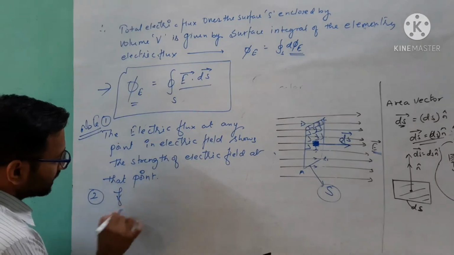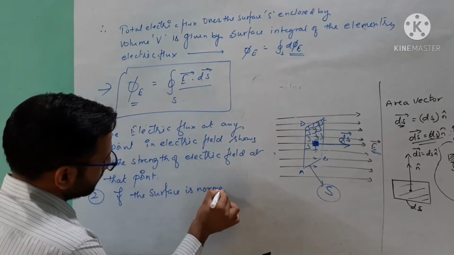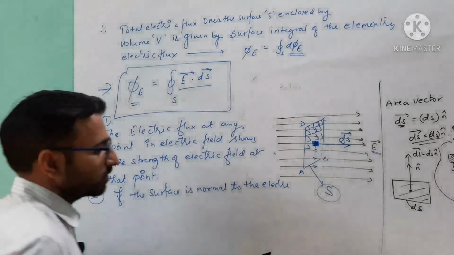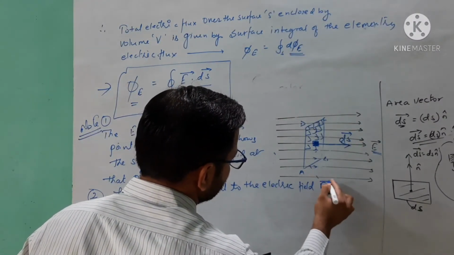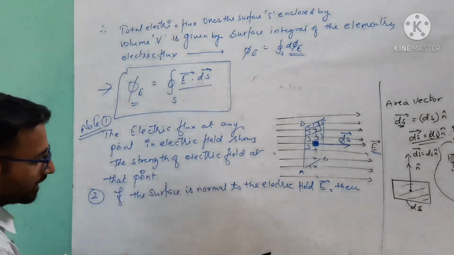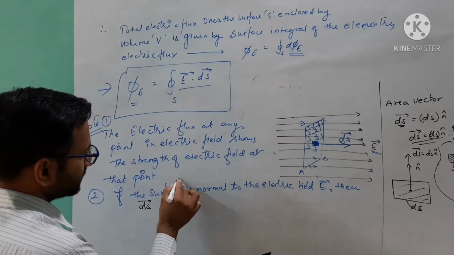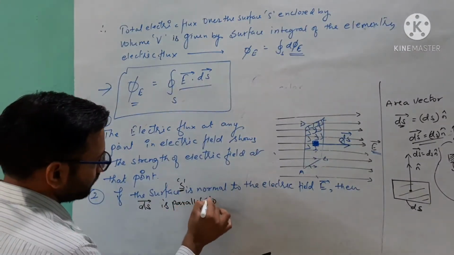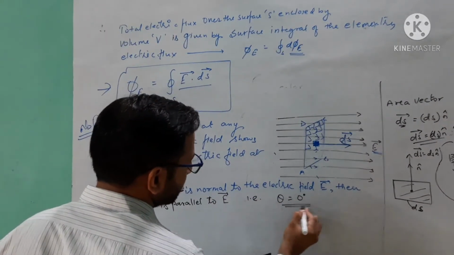So the second condition: if the surface is normal to the electric field, which means the surface is placed perpendicular to the electric field E, then the dS vector is parallel to E. It means theta is equal to 0 degrees between them.